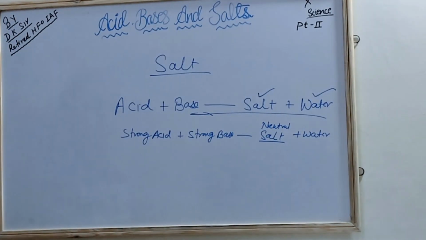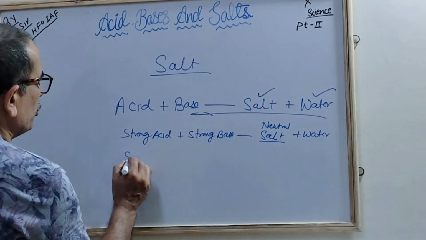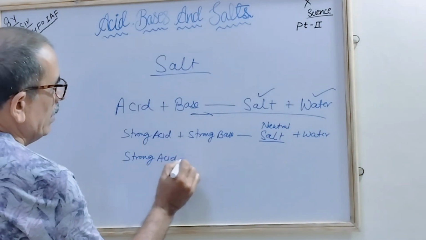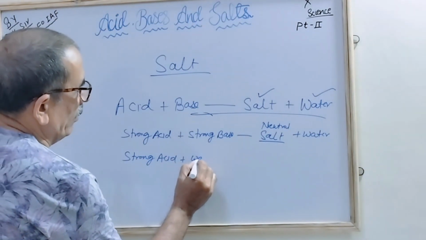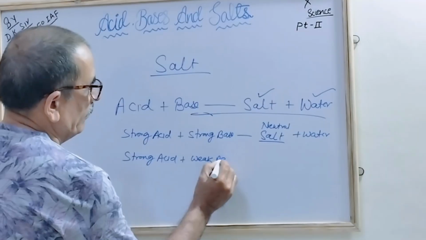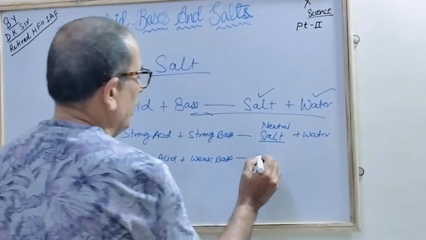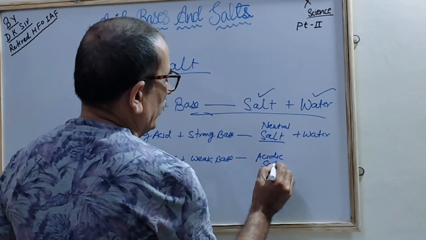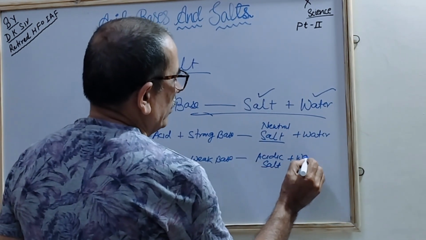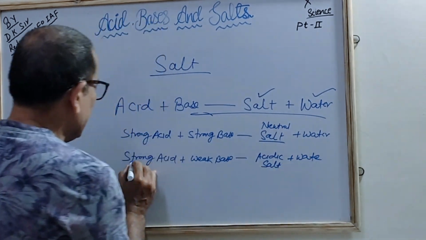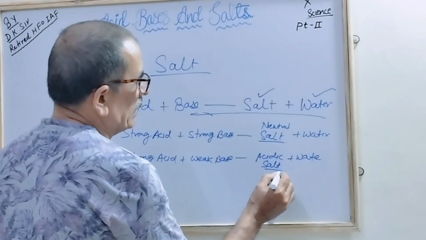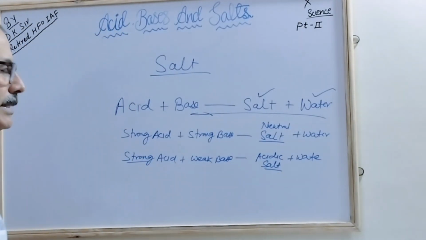When you take a strong acid and a weak base, then it will form an acidic salt plus water. You should understand, you have taken the strong acid which will dominate, so the salt also will become an acidic salt.